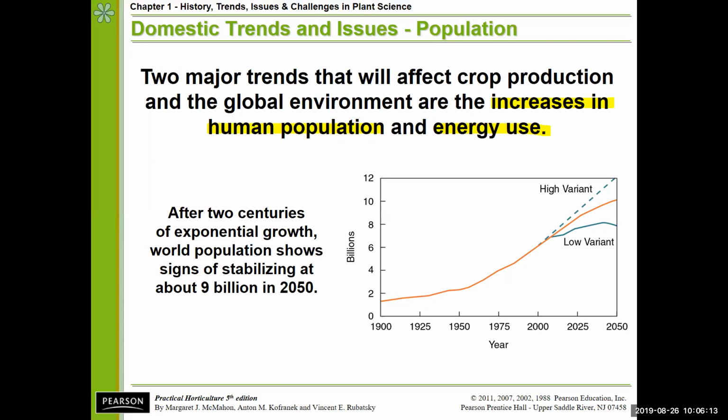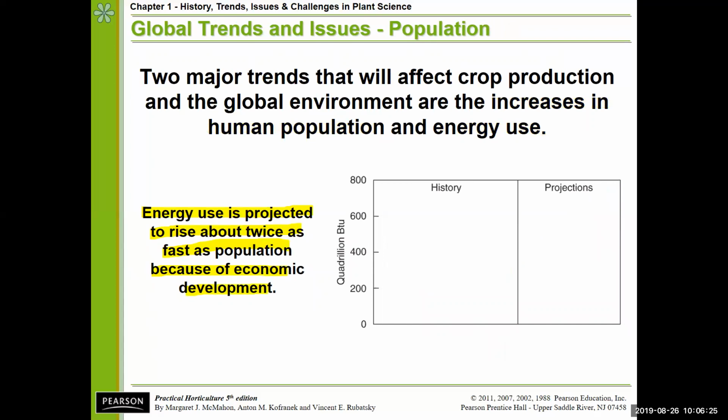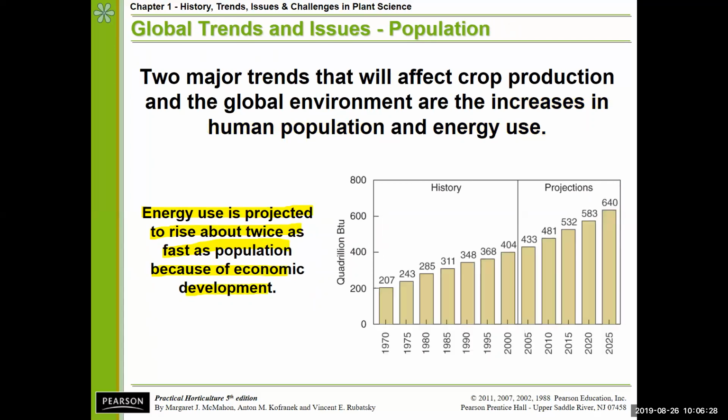So with 2.5 or 3 billion more mouths to feed and that much more energy to use, how do we do it in a sustainable manner? And how do we continue to make money off of agriculture?